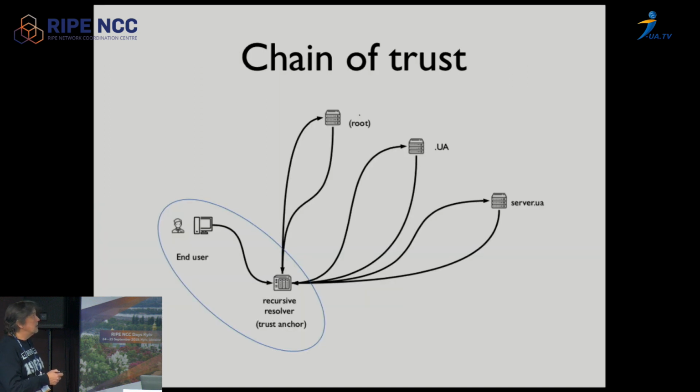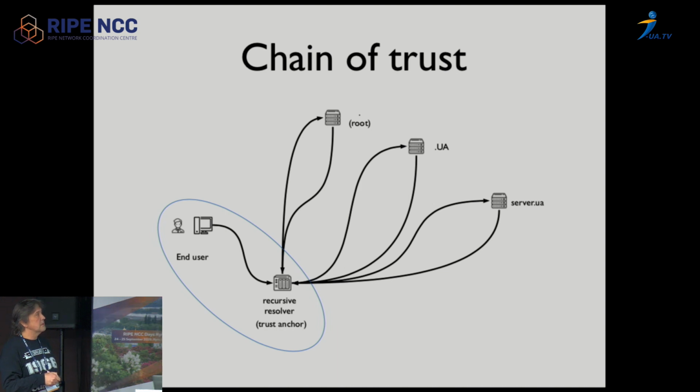And also, such recursive requests provide a trust anchor for the next level of authoritative servers. Such checks continue ad infinitum. And at the end of the day, we get the final reply.